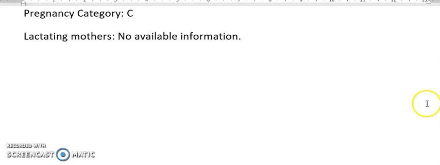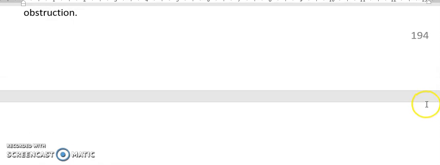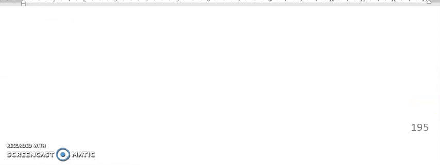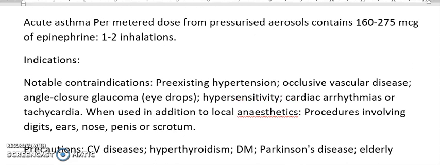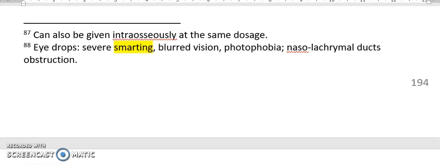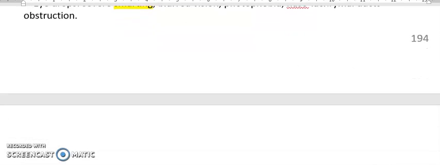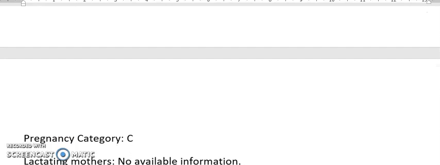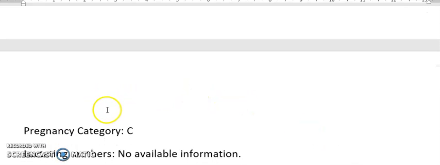So basically, when we talk about adrenaline with regards to pregnancy, it is considered category C, which means that it is a drug that, if possible, we would like to avoid unless the benefit outweighs the risk.